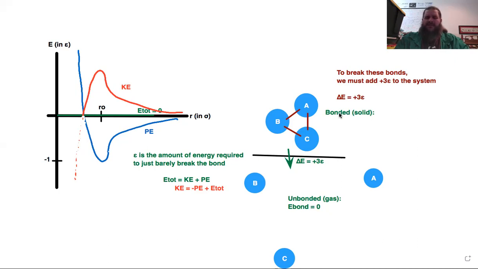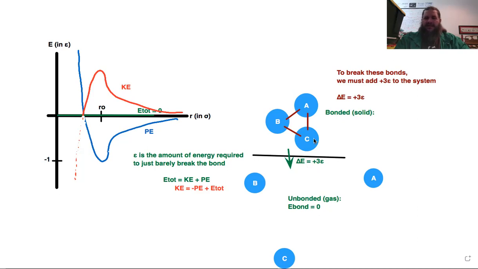You add enough energy to break some of the bonds, but not all of them. So they're able to move more freely, but they're still stuck to each other. So going from solid to liquid means you're breaking some of the bonds. Going from liquid to gas means you're breaking all the rest of the bonds. But in this case, let's say this is something that sublimates. It just goes from a solid directly to a gas. You have to add plus 3 epsilon to make it into a gas, which has 0 bond energy.